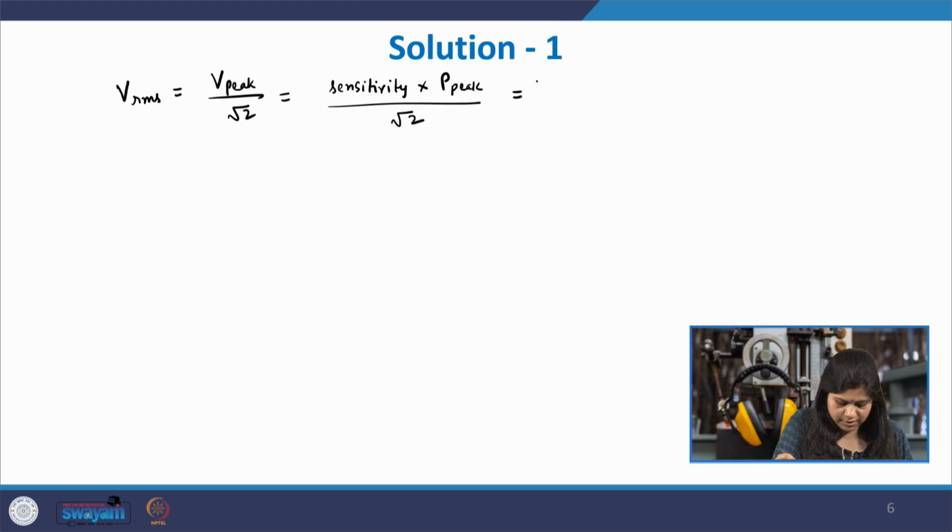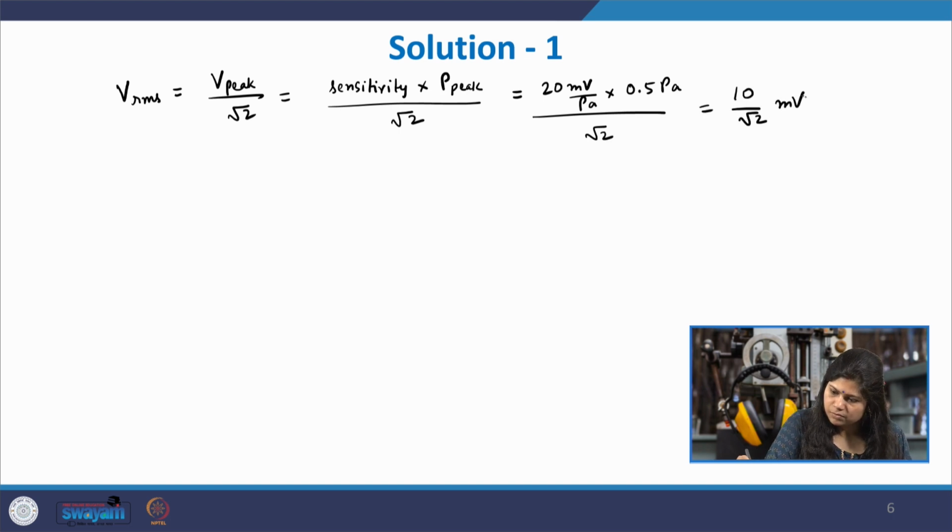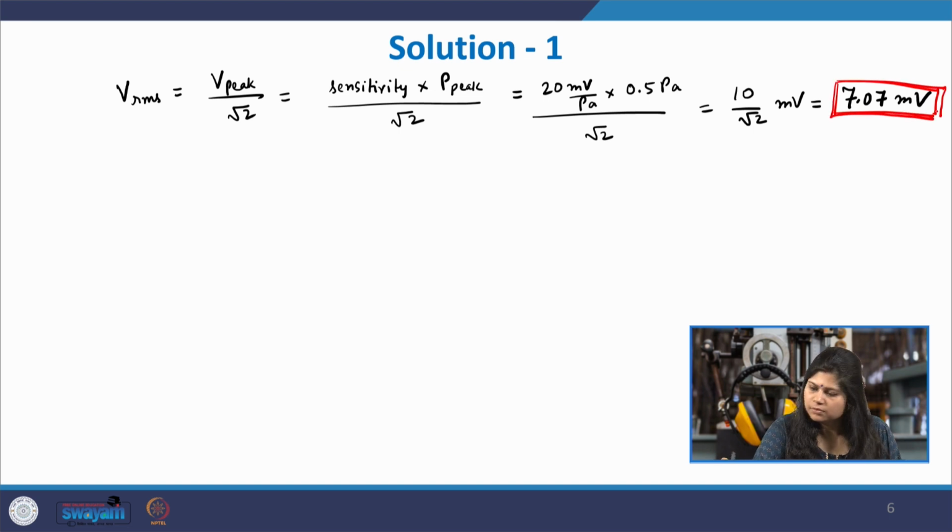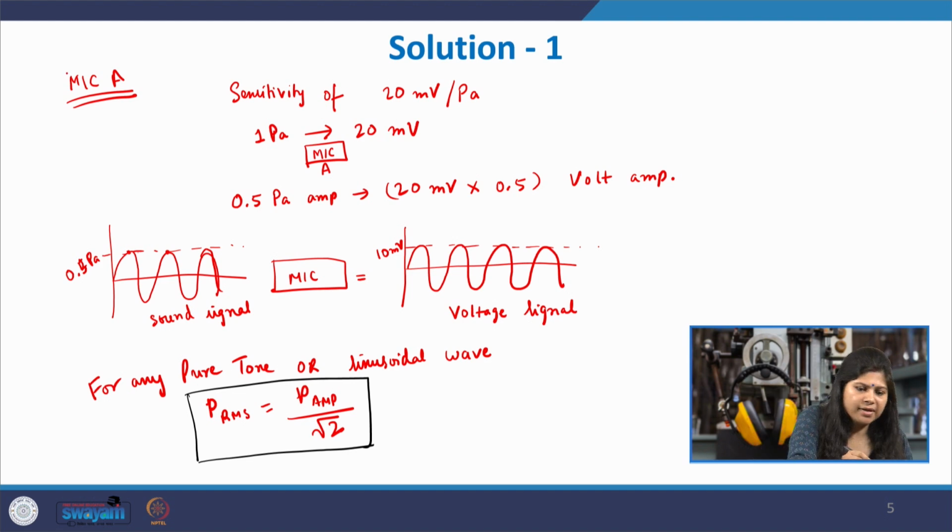So, if you do this, ultimately the answer that you get is 7.07 microvolts. This is the answer to our very first part, for mic A.